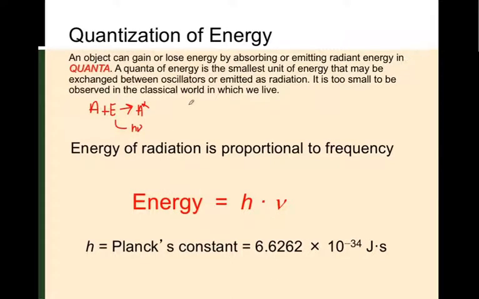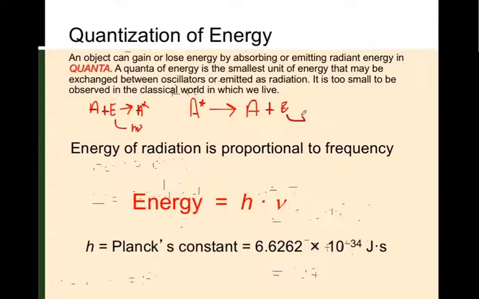Okay, so this A star can then emit this energy to go back to its original, relaxed state, plus E, which, according to Planck's relationship, can also be equal to h nu, which is a function of the frequency. So energy of radiation is proportional to frequency. As the frequency increases, because h is a constant, the energy will also increase.